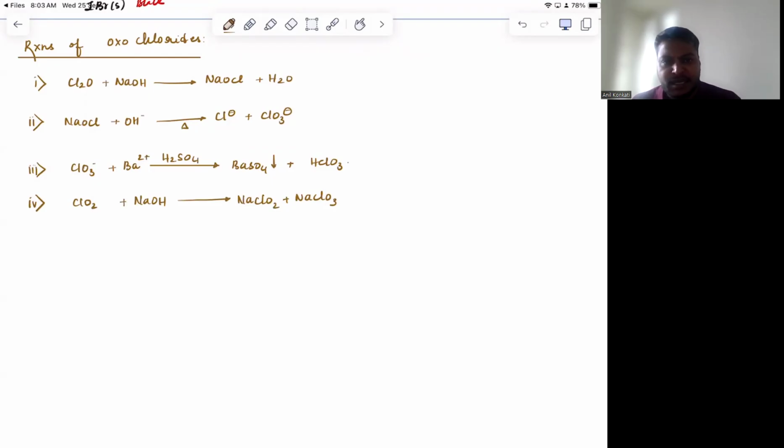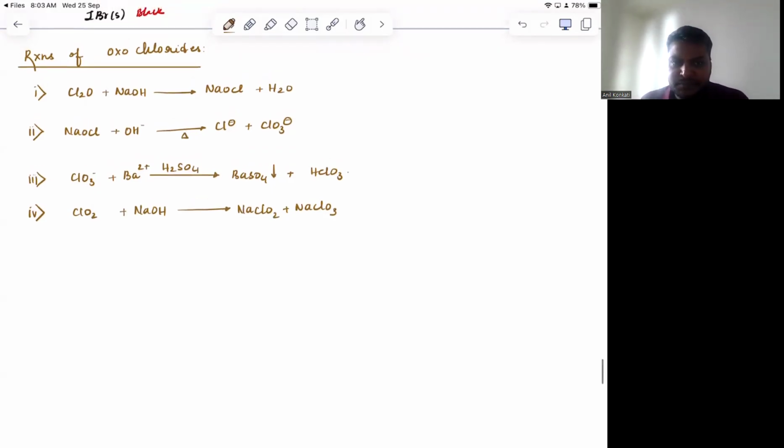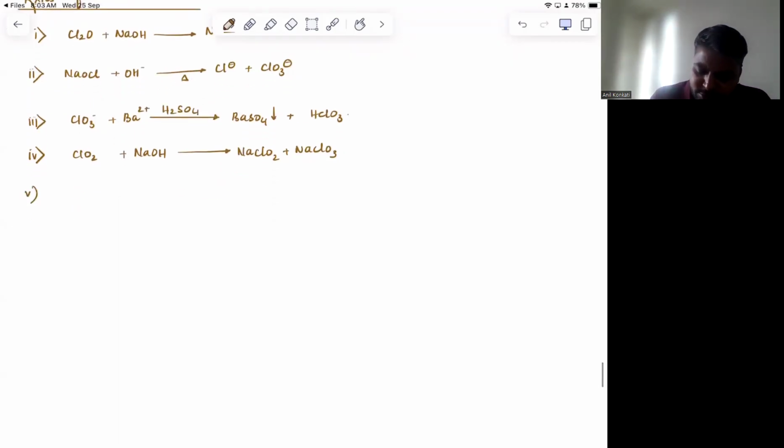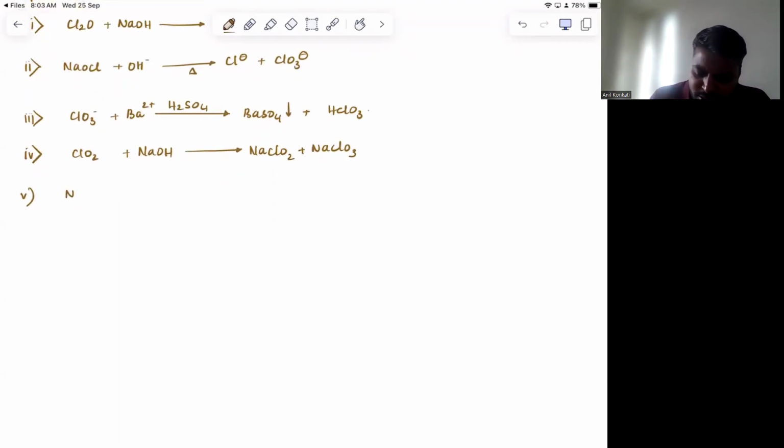Next is which reaction? If you have NaClO3 plus 2 moles of H2C2O4, oxalic acid, this will give us carbon dioxide plus ClO2 plus Na2C2O4.